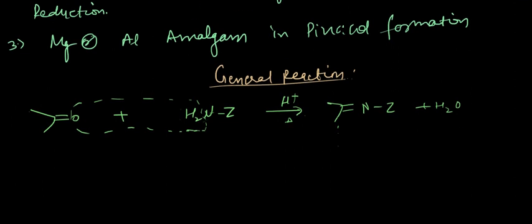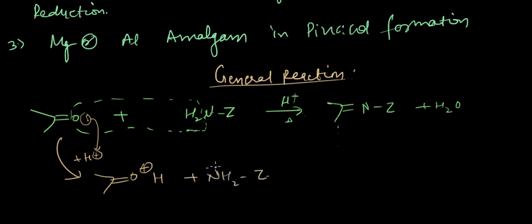So how this actually works behind the scenes is, we are doing it in acidic medium, right? So this in contact with H plus, the O donates its lone pair to the H plus and we get something like O plus H, which on reacting with NH2Z, the N will give its lone pair to this partially positively charged carbocation.